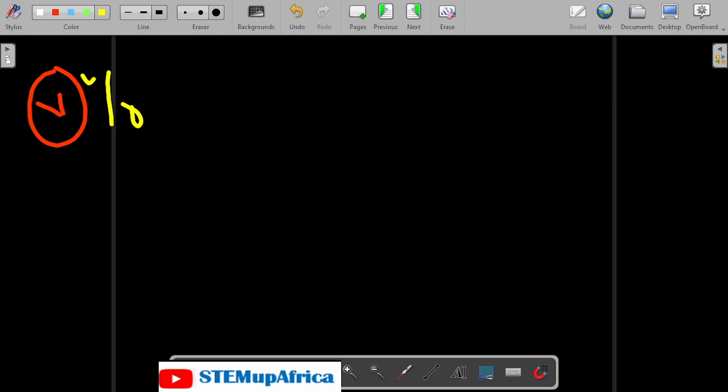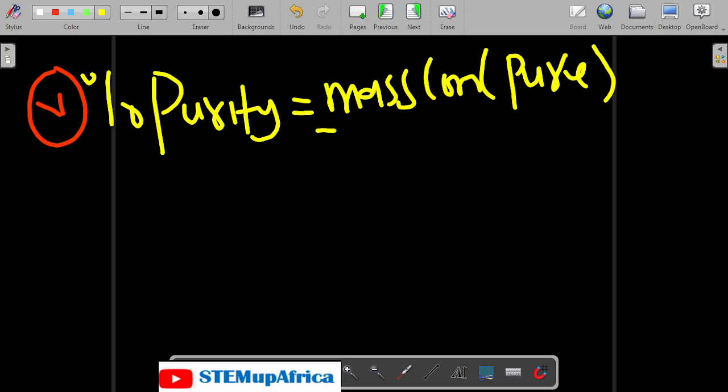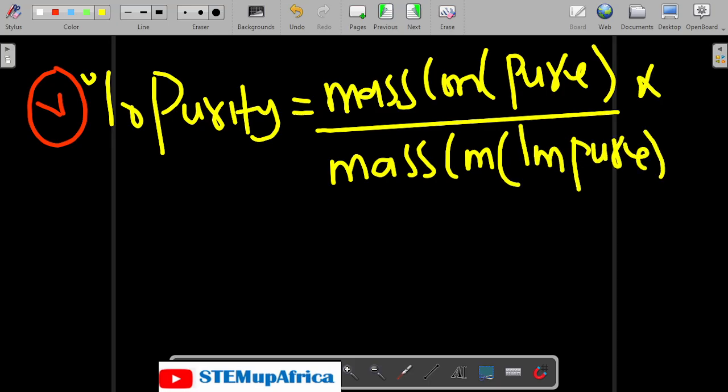So Roman figure 5: percentage purity is equal to the mass concentration of the pure over the mass concentration of the impure, times 100 over 1.